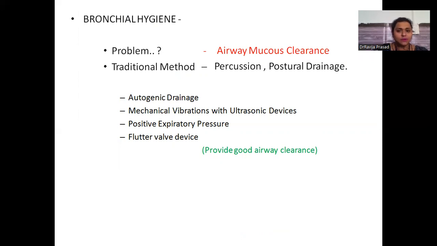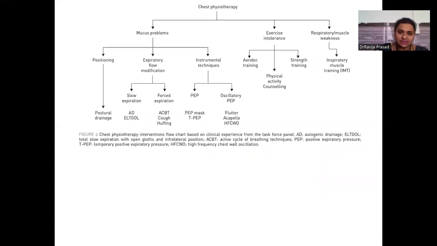Bronchial hygiene, that is airway secretion clearance: traditional methods, postural drainage, autogenic drainage, chest vibrations with ultrasonic devices, positive expiratory pressure, and flutter valve device. This is physiotherapy, including expiratory flow modification, intensity techniques, positioning, and exercise.